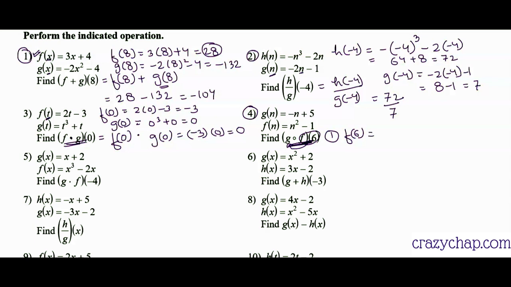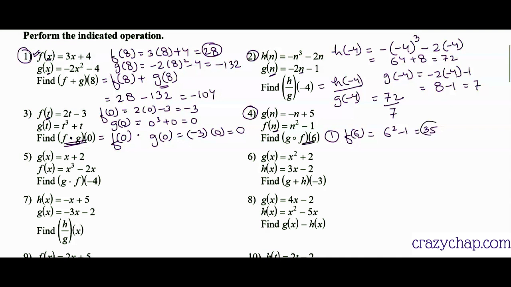To find the f(6) value, in place of n for function f, I will plug in 6. So I get 6 squared minus 1, which is 35. So f(6) is 35. Now guys, I had told you that after getting f(6), that value you will plug into the g function.